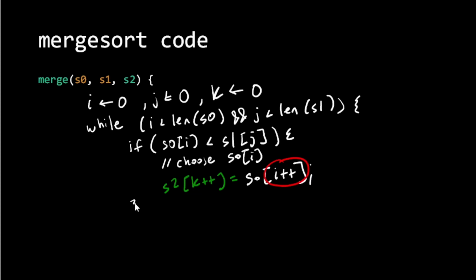So that ends this. So else, that means S1[j] was less.